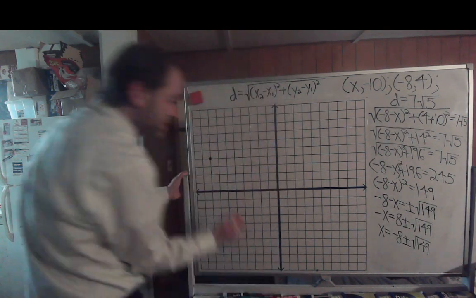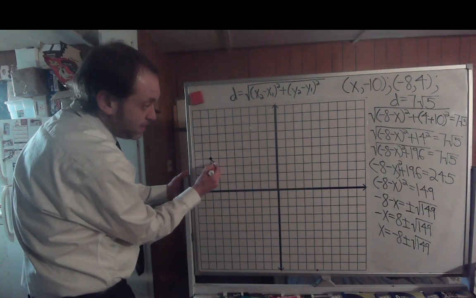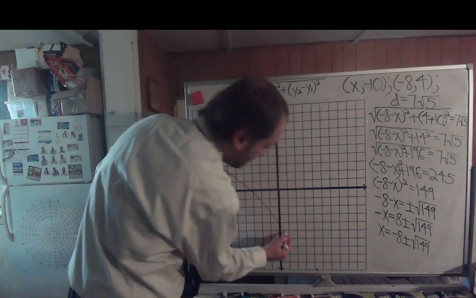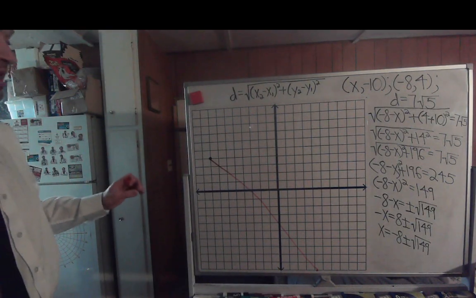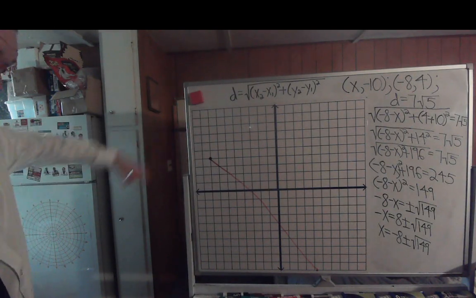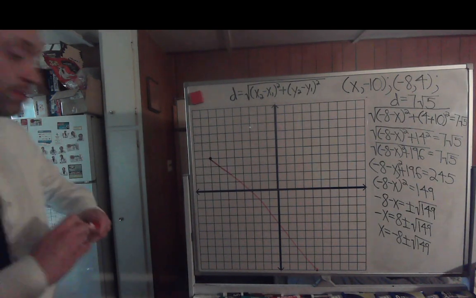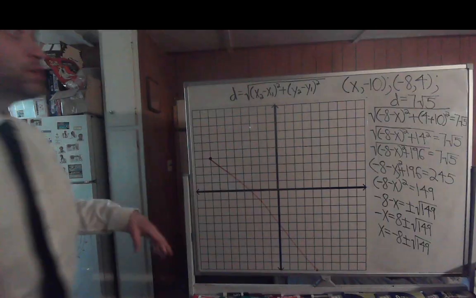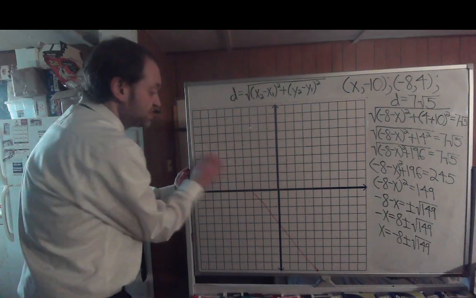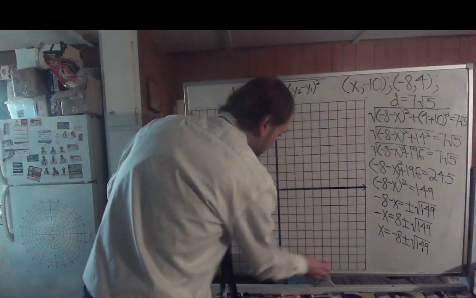So that's the point they would be referring to. And the other one would end up going the other way off the chart. But that's basically how you find missing coordinates using the distance formula.